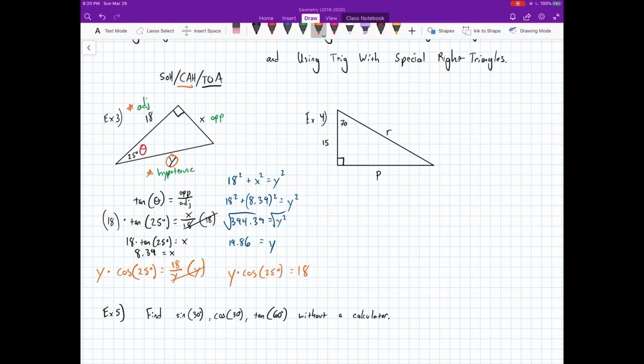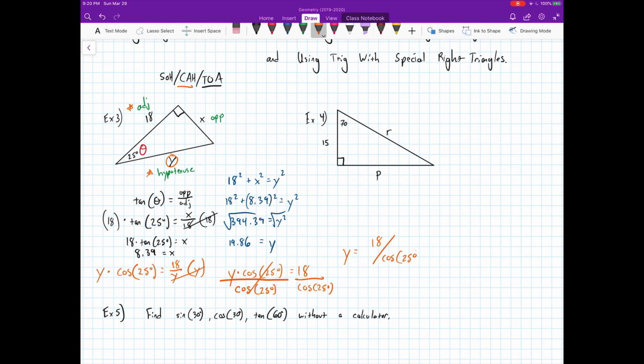So cosine 25 degrees is a coefficient of y now. It's just a number. You could put it in a calculator now if you wanted to. I'm going to divide by cosine of 25 degrees on both sides to get y by itself, and now y is alone.